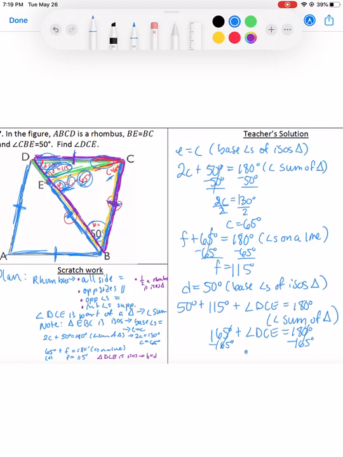And then we get, therefore, angle DCE is equal to 15 degrees.